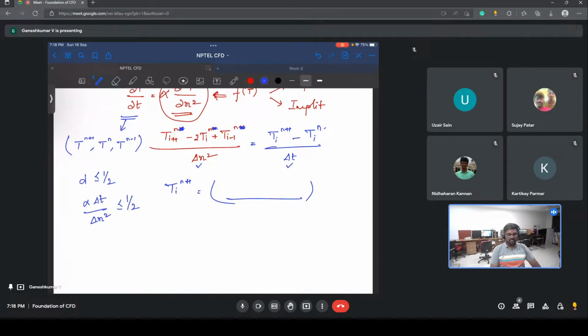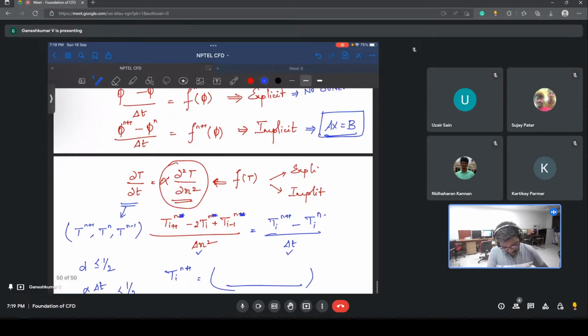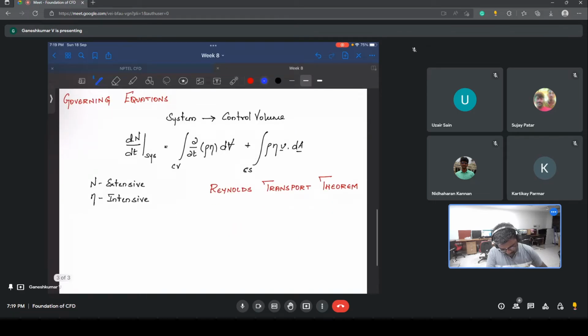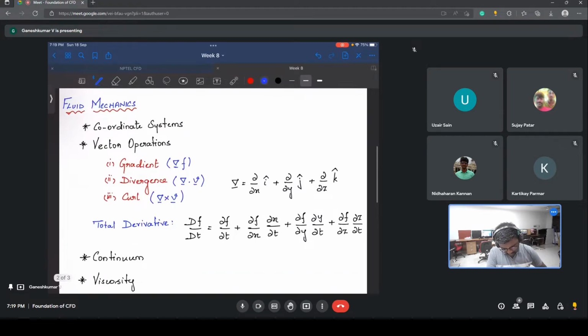If you don't have that condition, and alpha delta t by delta h square is greater than half, then you won't be able to use the explicit scheme. You need to use implicit. Then you have to solve Ax equal to b, which means you need Gauss elimination or Gauss-Seidel to solve that system of equations. So that's the difference between explicit and implicit. You can go back and revise it. Does anyone else have any more questions?